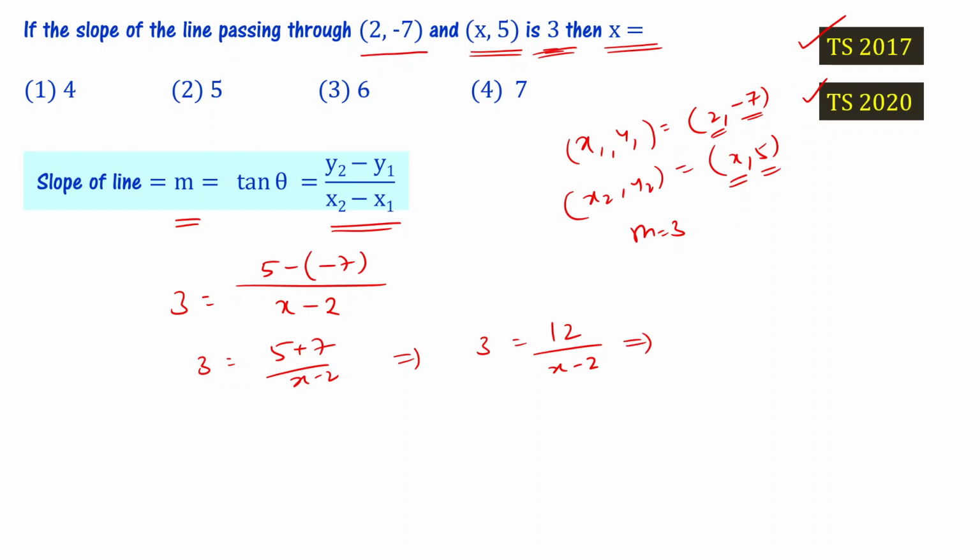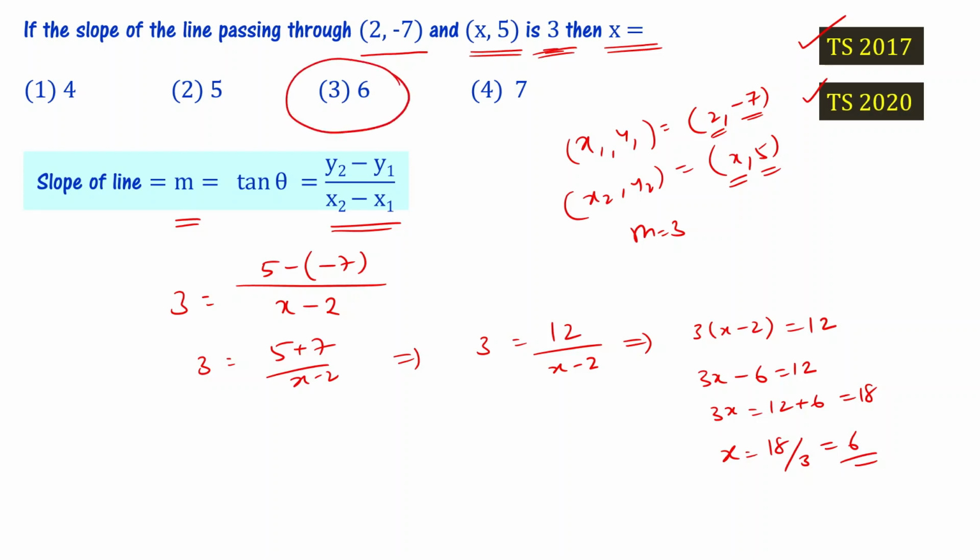Now let me write this as 3 into (x minus 2) equal to 12. This is 3x minus 6 equal to 12. This can be written as 3x equal to 12 plus 6, that is equal to 18. It means x equal to 18 by 3, that is equal to 6. So what is the value of x? x equal to 6, and that is choice 3. Understood?